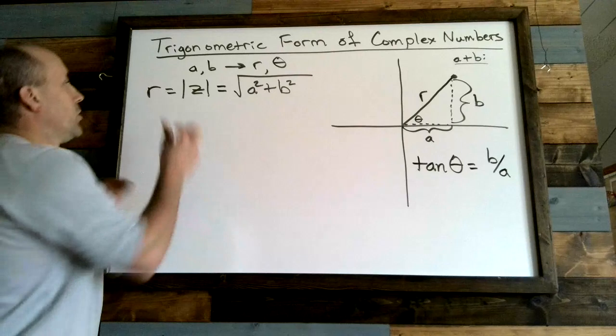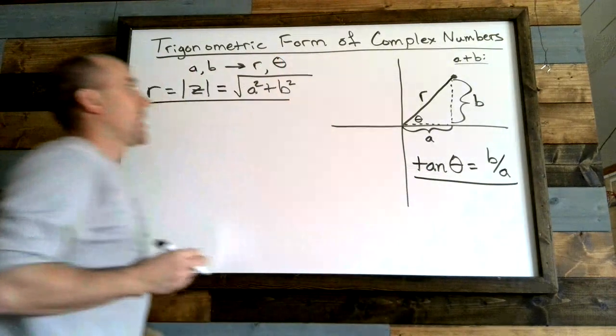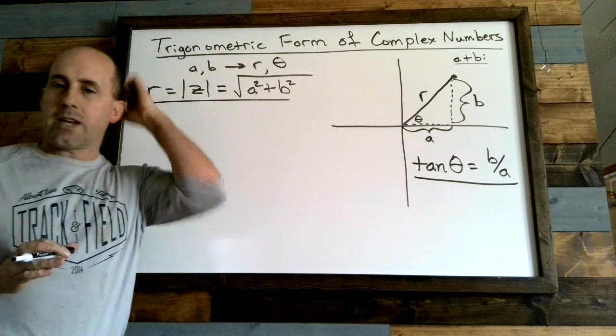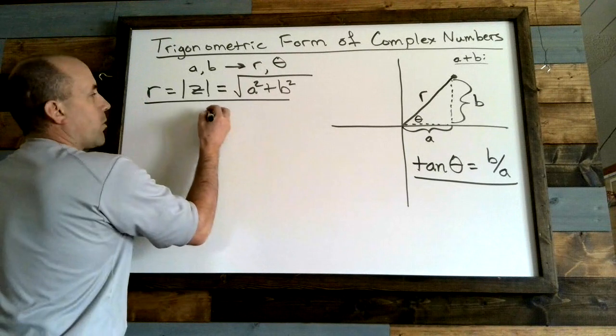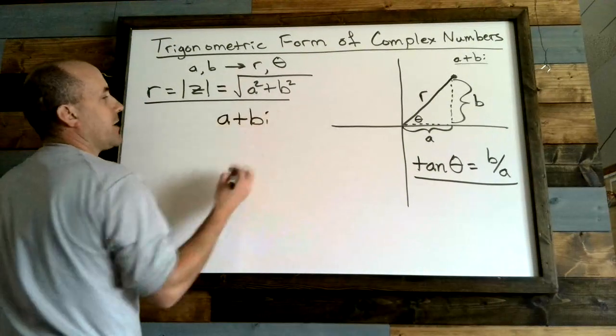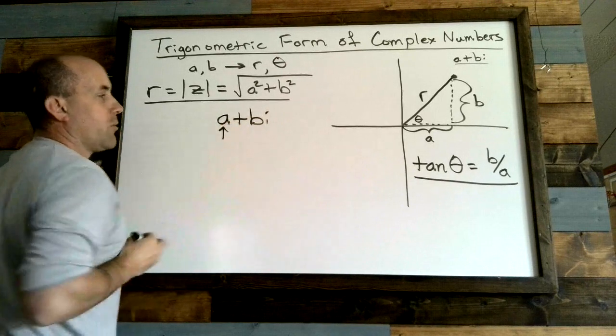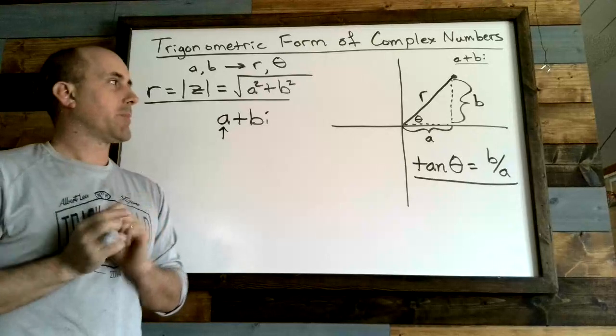So we have two really important things that we're going to use here. And I'm going to show you how we take those and then write it in trigonometric form. We're going to take this a plus bi thing, and we're going to replace A with something else.